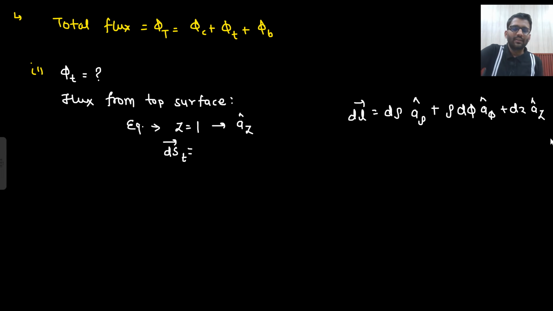What will be my dS? Drop dz and write down both. Drop AZ cap and then write down both. So rho d rho d phi, AZ cap. This will be your dS. Okay. So what will be your flux?